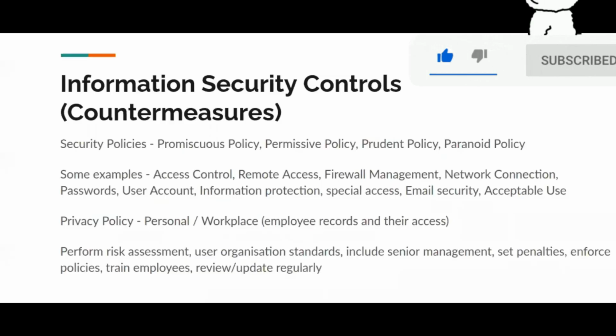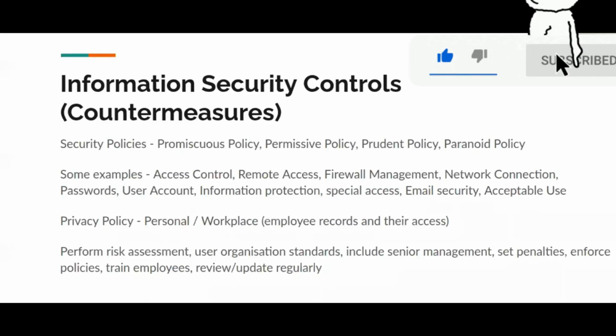So these attacks are there, but what are we as good guys doing to prevent them? What organizations do is create policies. Generally, based on the level of interaction that you would provide, they are termed as promiscuous, permissive, prudent, and paranoid.